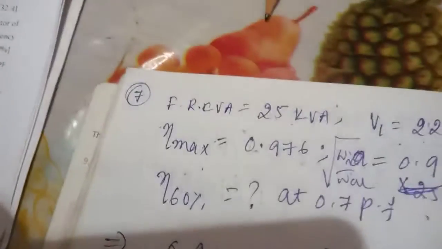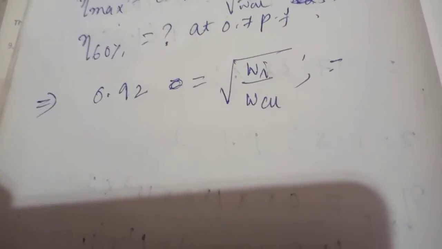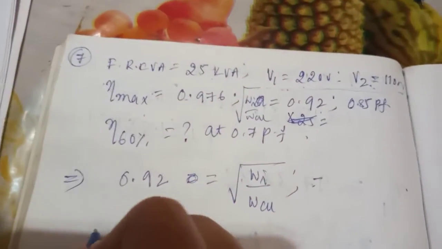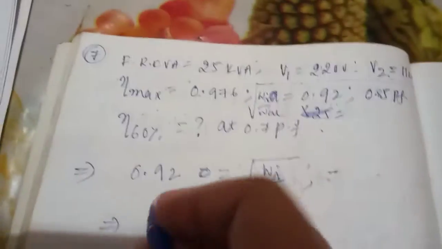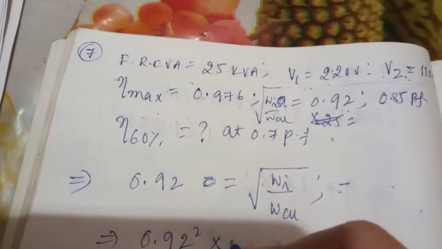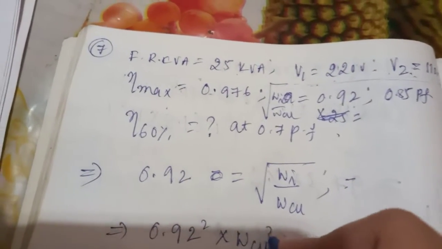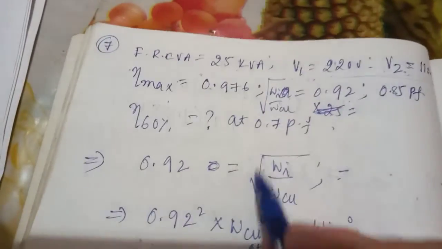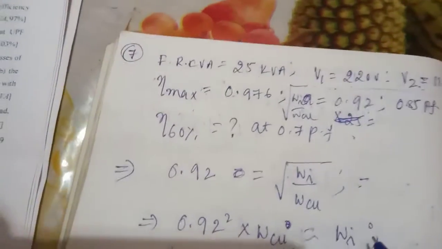So if I square both sides, 0.92 squared into WCU is equal to Wi, right? WCU at full load. See here, if I square 0.92, it will come Wi divided by WCU. WCU at full load is equal to Wi.